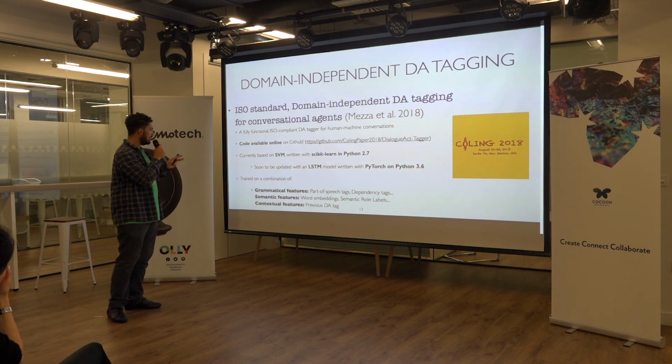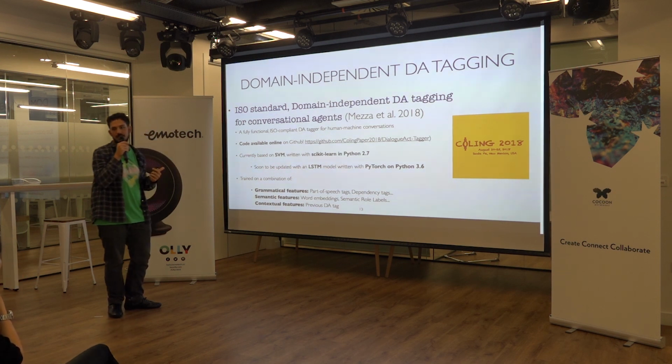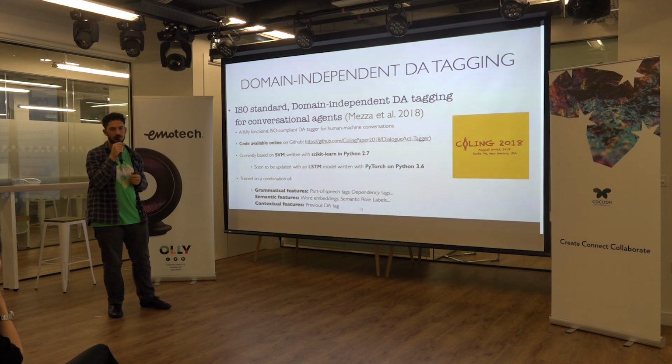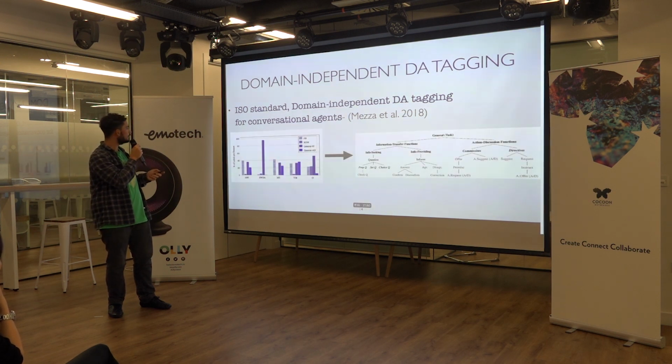The features for the classification are a combination of grammatical features, which are the classic NLP features you use for training, so part-of-speech tags, dependency parsing. We use some semantic features, so word embeddings and semantic labels. And there's also context in play, so the previous dialog act. We've also done some experiments with previous word embeddings.